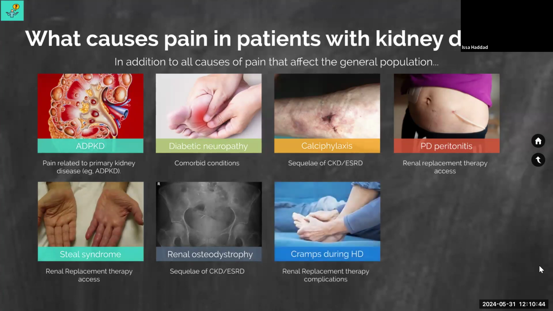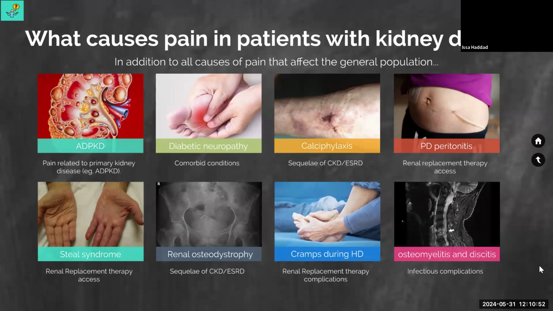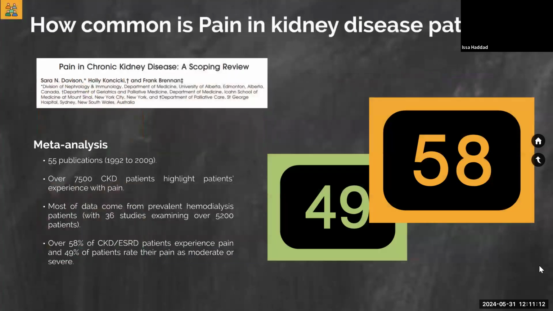And we all the time hear patients complaining of cramps when they are on dialysis. As you can see, there are many different causes, and as well some complications, like TB or those types of infections that end up having osteomyelitis, and the patient is complaining of pain. So different types of pain seen in all our patients with CKD.